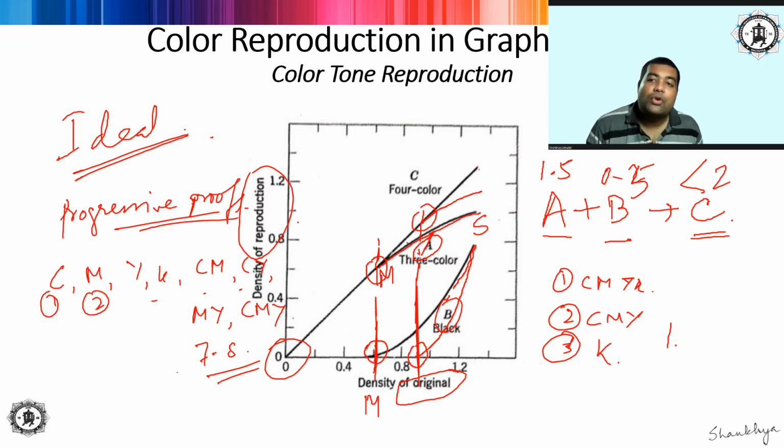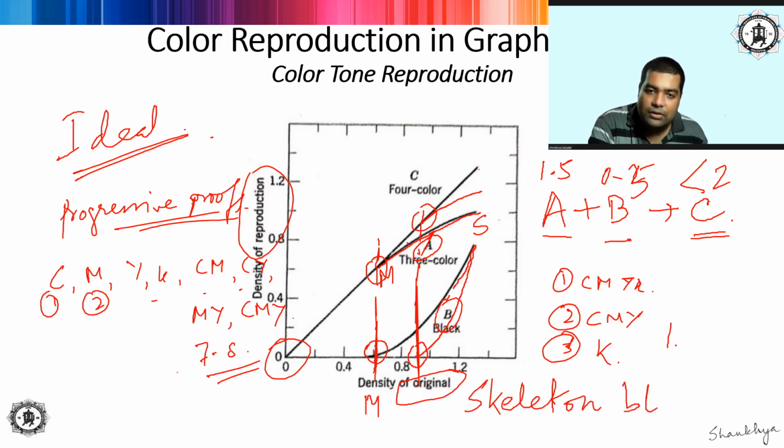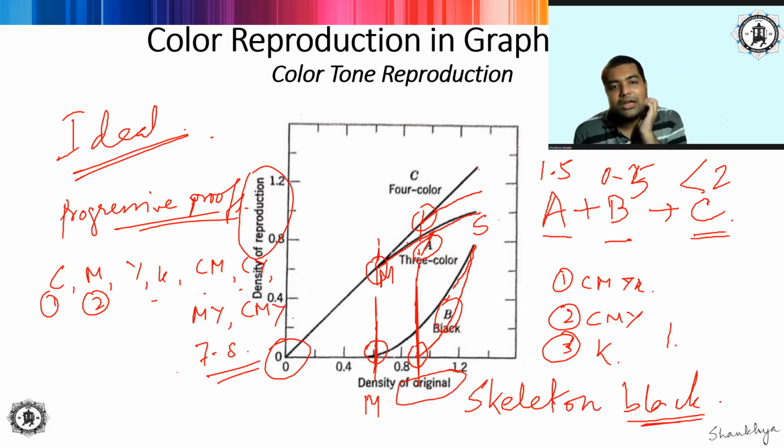Okay, so because of all these problems, we are printing black only in certain areas. Which areas? Mainly in the shadow areas where we need to compensate for the lack of additivity of the three colors. Due to this, this type of black addition is sometimes known as skeleton black or skeletal black. Okay, so I'll be talking about wide black, I'll be talking about narrow black.